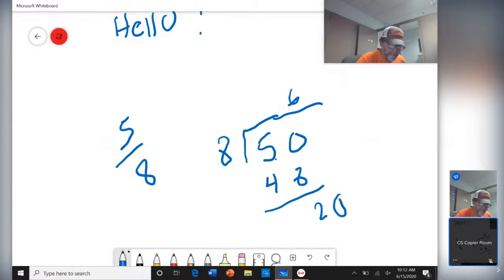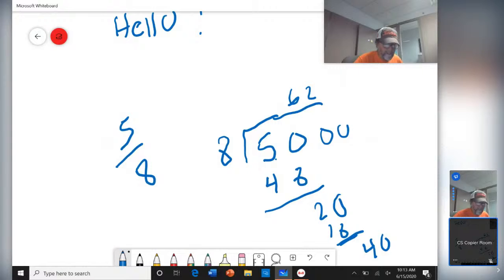We bring a 0 down. 8 goes in there 2 times. 2 times 8 is 16. And then 20 minus 16 is 4. Bring one more 0 down. And 8 goes into 40 5 times. So what you would get is 0.625. So 5/8, if you're going to write that as a decimal, it would be 0.625. Yeah, that one was a little tricky because we had to go out 3 places, but it's the same concept, basically, just like if you were doing a basic division problem.